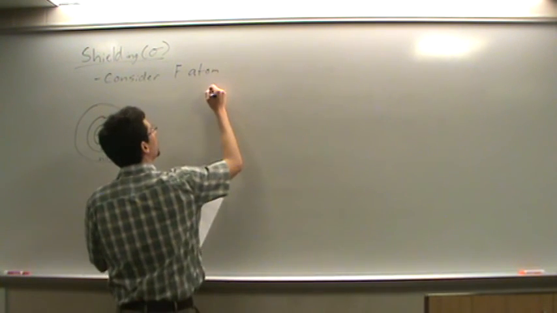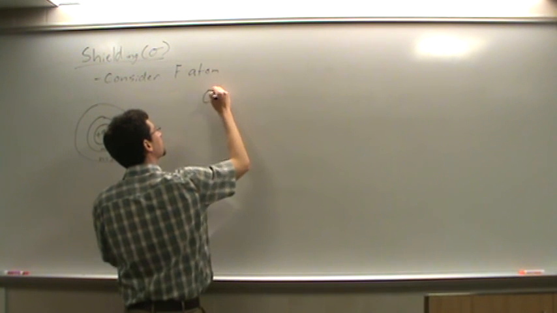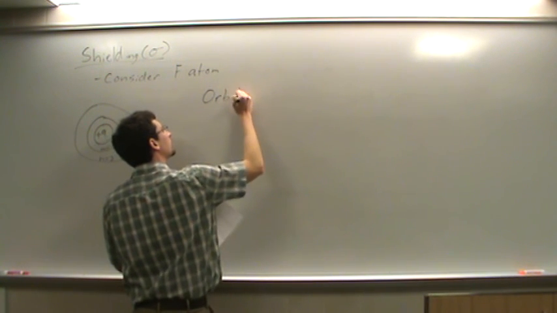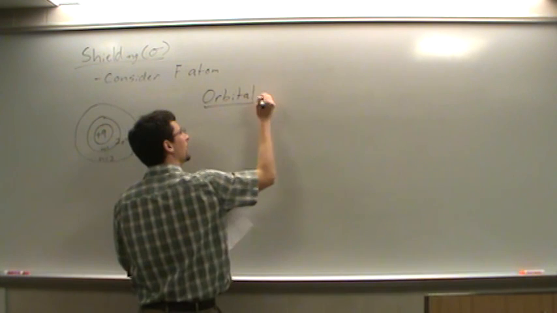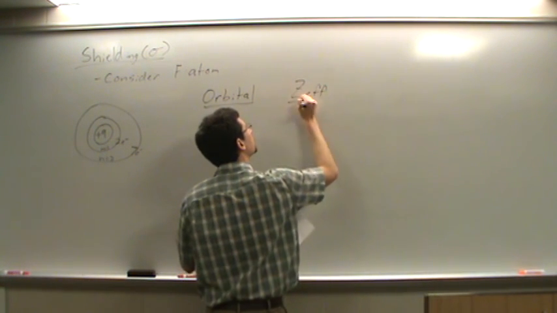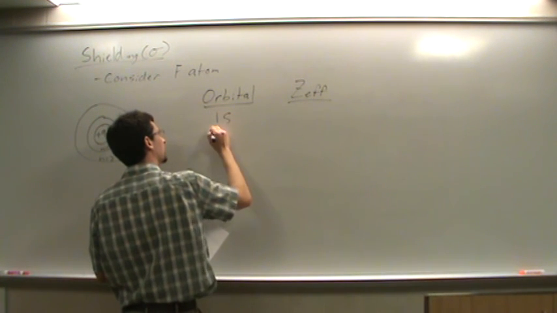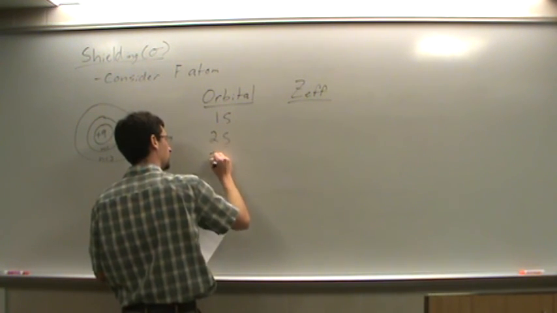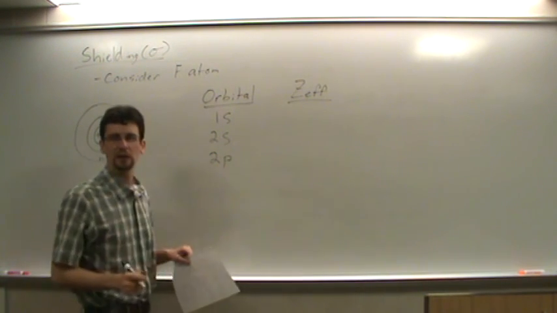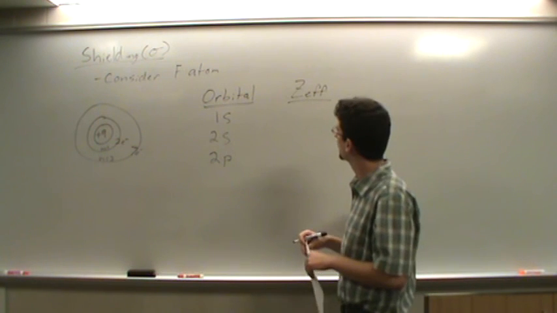So if we look at the orbital, and we look at the Z effective, what we find is, let's look at the 1s, 2s, 2p. Those are the orbitals that are available to a fluorine atom.